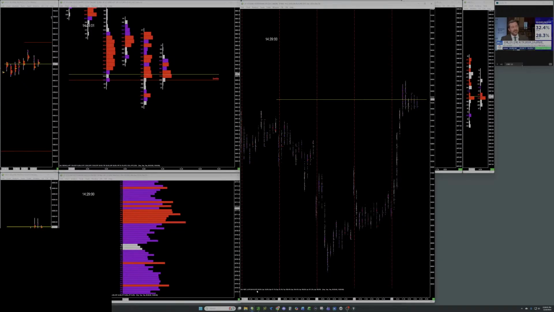Look at the volumes as well. If you compare today's to yesterday's, look how much less volume I have today in this fixed period, 60% lower.